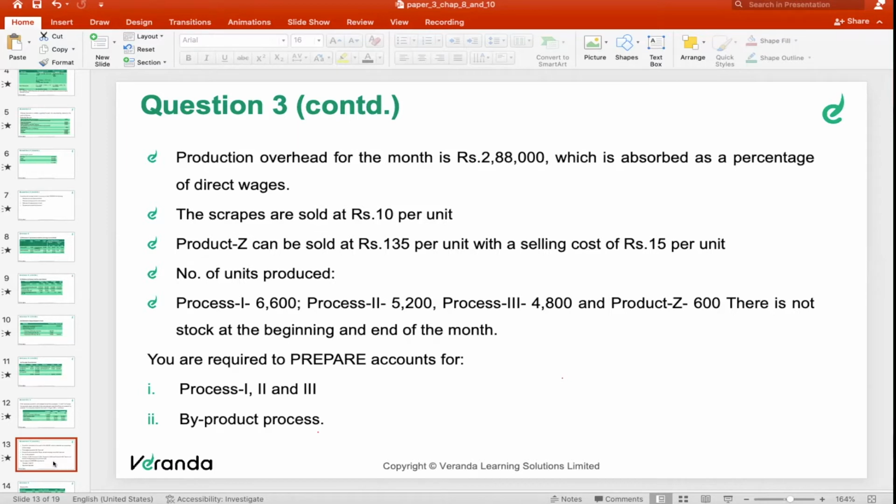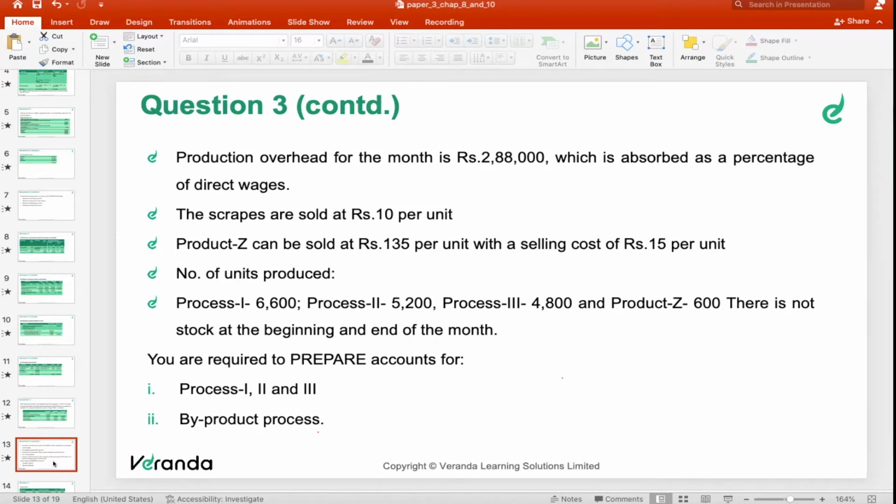Which one is the end process? Process 3. Process 3 is the end process. In that end process, we have two products. One is called the main product. Another is called the byproduct. Therefore, here joint product and byproduct concept also comes in.